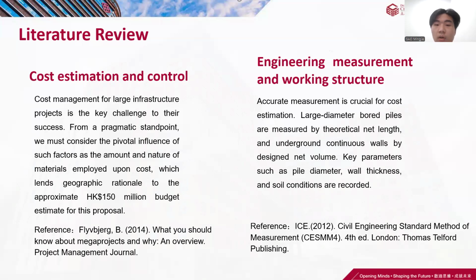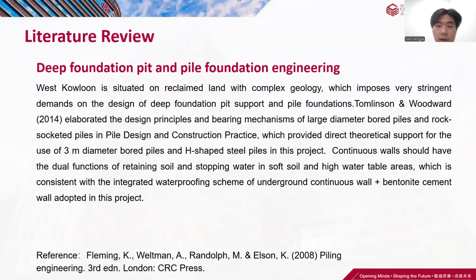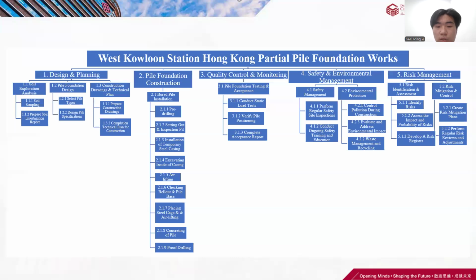For example, large diameter bored piles are measured by theoretical net length, and underground continuous walls by design net volume. We also refer to relevant references such as Pile Design and Construction Practice by Tomlinson and Woodward as the basis for our selection parameters. Now let's look at how we have structured the work.